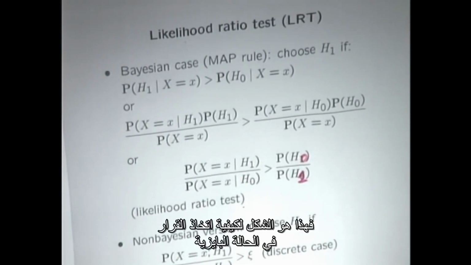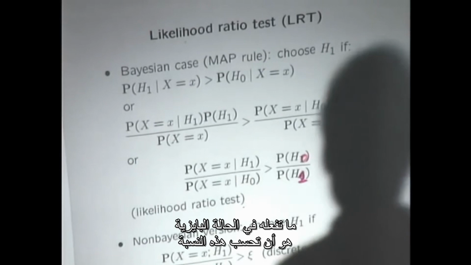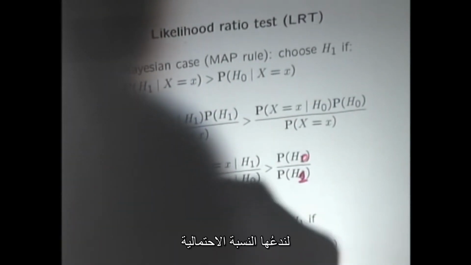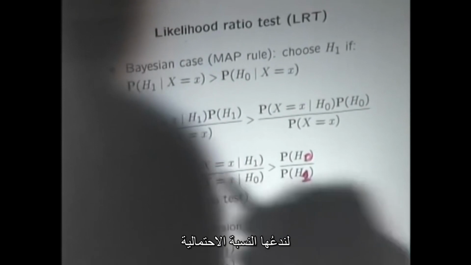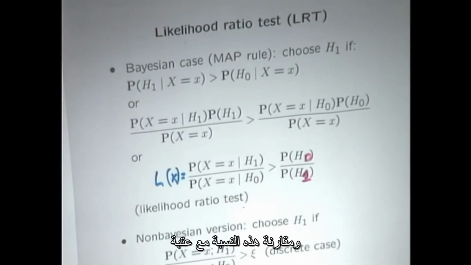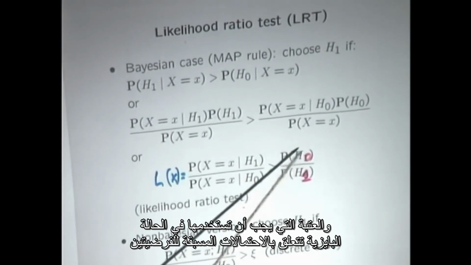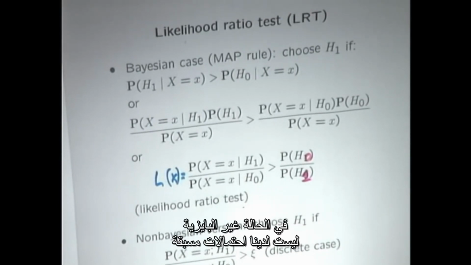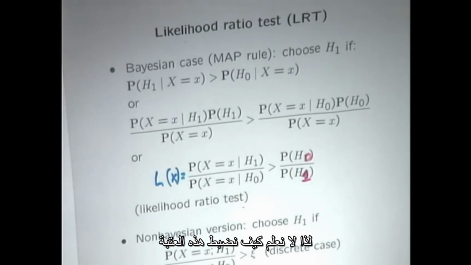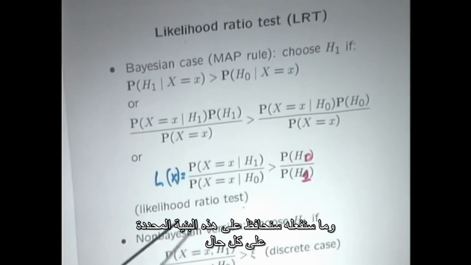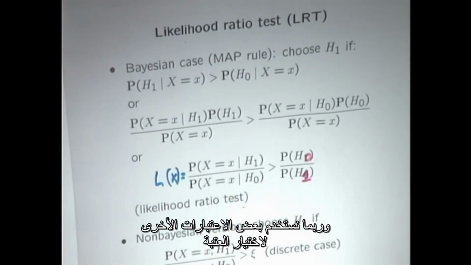Okay, so this is the form of how you make decisions in the Bayesian case. You calculate this ratio, let's call it the likelihood ratio, and compare that ratio to a threshold. The threshold that you should be using in the Bayesian case has something to do with the prior probabilities of the two hypotheses. In the non-Bayesian case, we do not have prior probabilities, so we do not know how to set this threshold. But we're going to keep this particular structure anyway and maybe use some other considerations to pick the threshold.